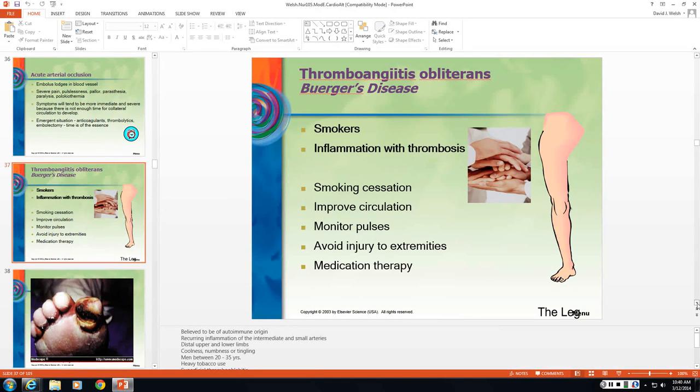So Buerger's disease, or thromboangiitis obliterans, the number one cause is usually smoking. It's inflammation with thrombosis. Usually it's believed to be of an autoimmune origin.